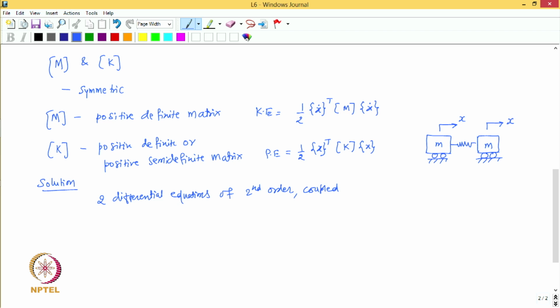They are not independent differential equations; they are mutually dependent in the sense that the two matrices are not diagonal. Although in this case the mass matrix is diagonal, the stiffness matrix is not diagonal, and therefore the two equations we have got are coupled.